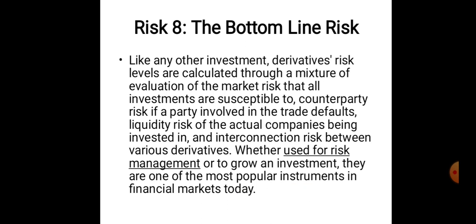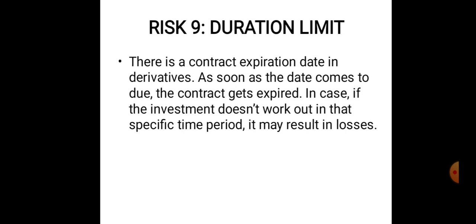The next type of risk is duration limit. Let me give one example. Our contract began on 1st April and the standard period for most derivative contracts is 3 months.